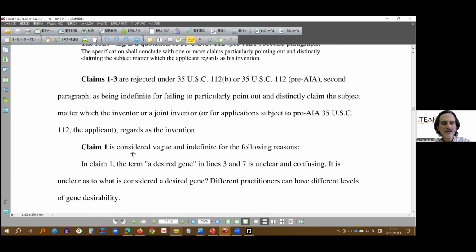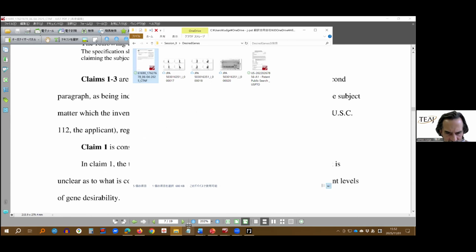Claim 1 is considered vague and indefinite for the following reasons. In claim 1, the term a desired gene is unclear and confusing. It is unclear as to what is considered a desired gene. So I thought that was interesting that this came up. I think this case was also the subject of, no, it's not the subject of an appeal.